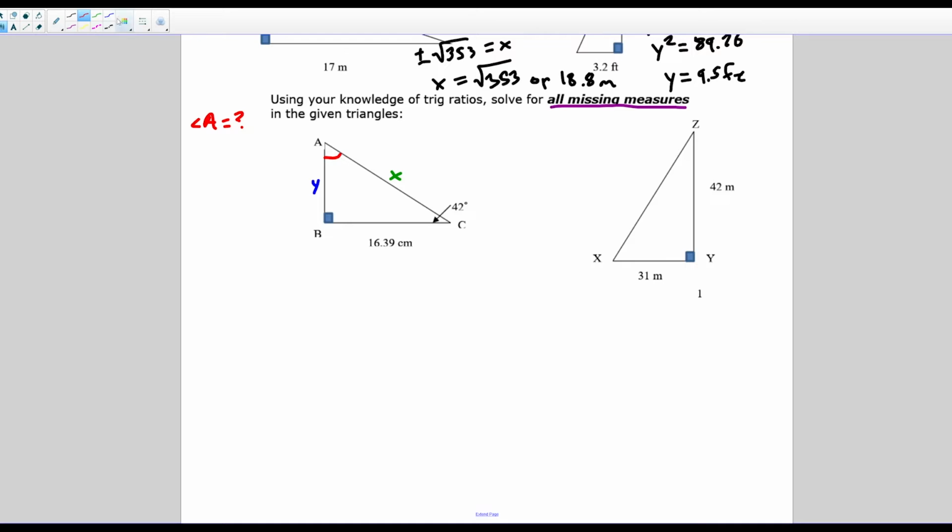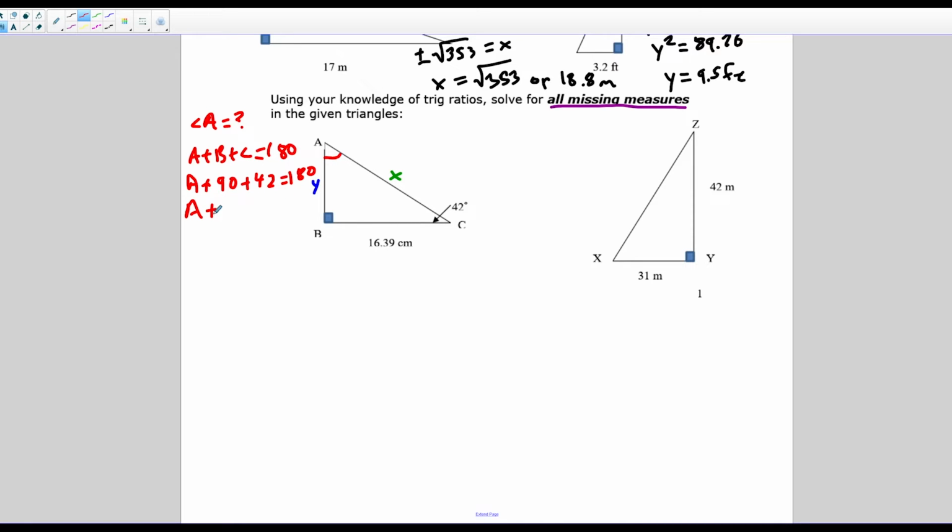So let's start off with angle A. We know that in a triangle, there's going to be 180 degrees. So that means when I add all three angles up, we're going to end up with 180. So that means that angle A plus B plus C has to equal 180. And substituting in all of my different angles here, I have A plus, and we know that angle B is perpendicular, so that's going to be 90, plus angle C, which is 42, has to equal 180.